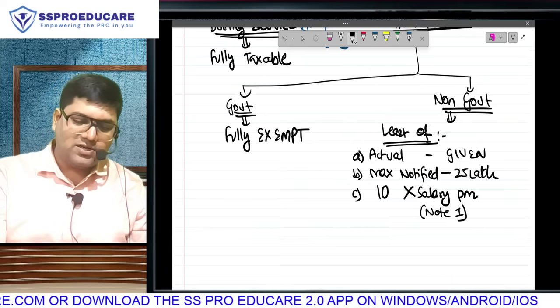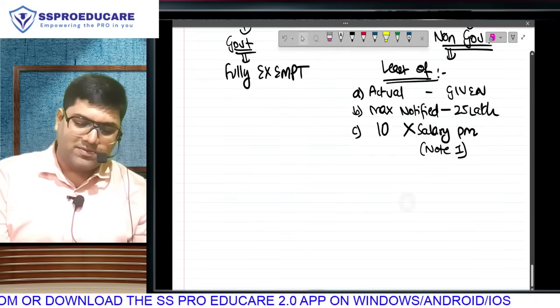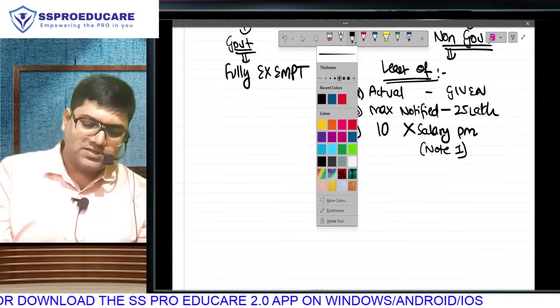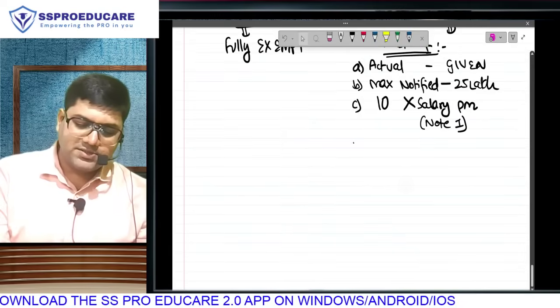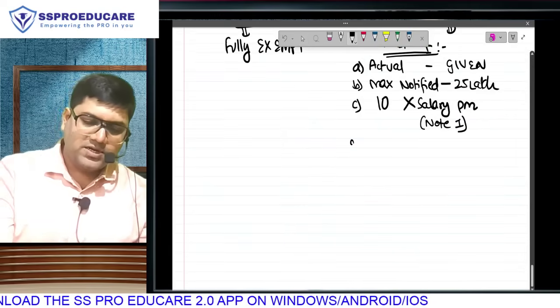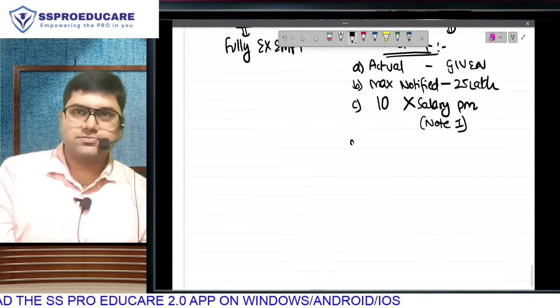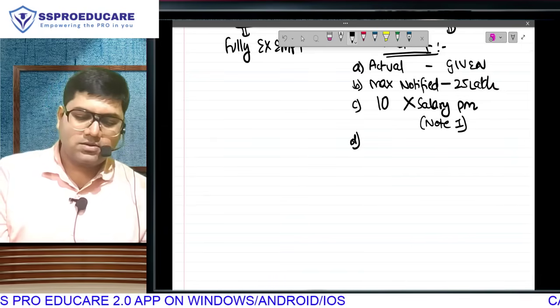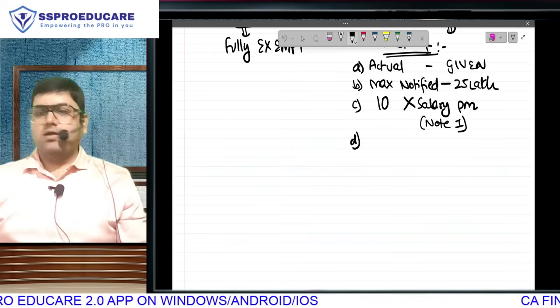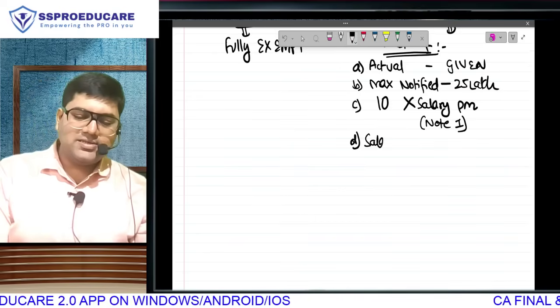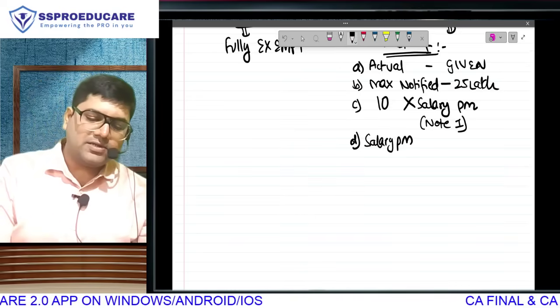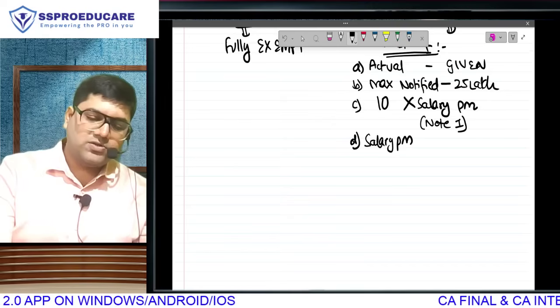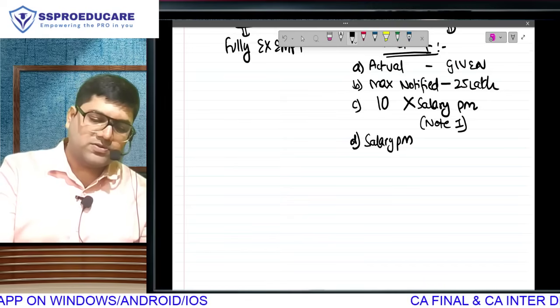So this time it is not 3 but four amounts. You have to choose whichever is lowest. The fourth amount is, words में बोलता हूँ, salary per month. Can I say that same salary which you have calculated in note 1, which you have also used for the purpose of your third calculation?